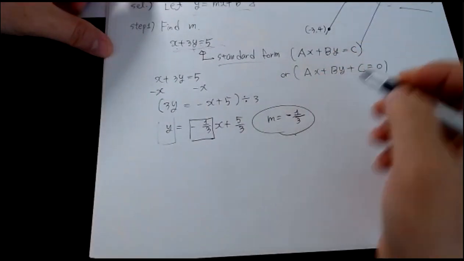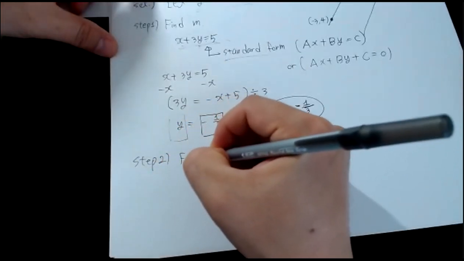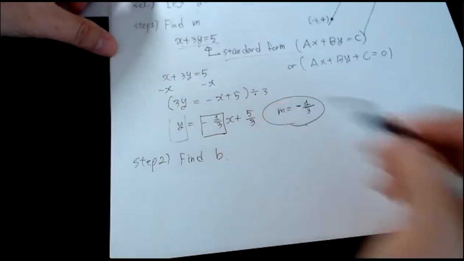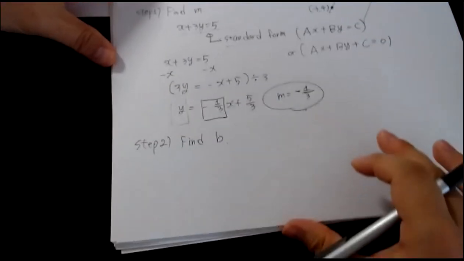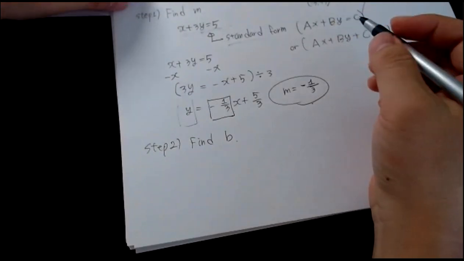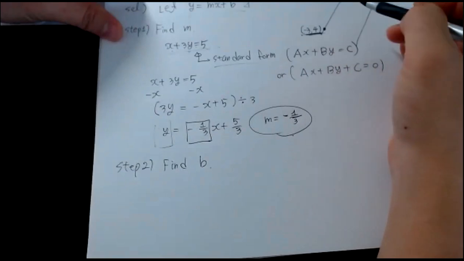Now, step 2, guess what? We find b, the y intercept. To find b, I'll use that point, negative 3, 4.